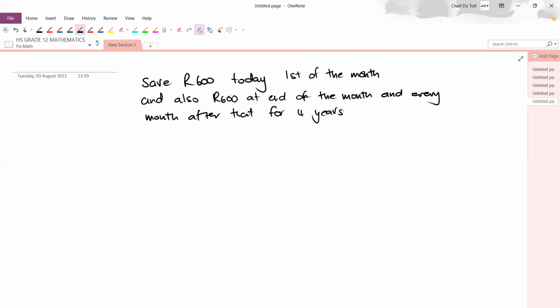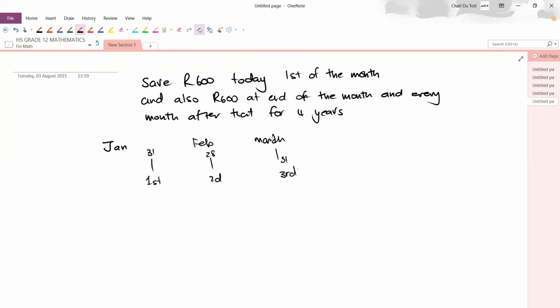So basically, a normal annuity looks like this. If we start in January, take out an annuity, then the first payment is on the 31st. That's the first payment. Then February, let's say the 28th, that's your second installment. And then March, the 31st, is your third installment.